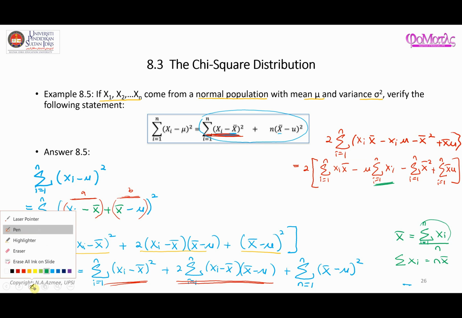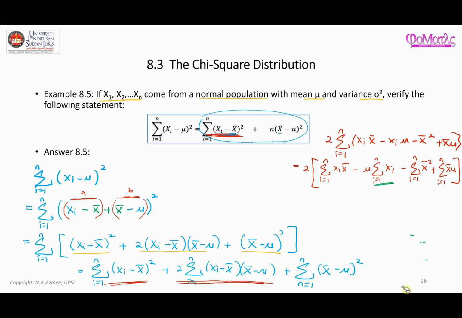Right, so I'm just going to write down that part. Here it's equal to 2. X bar is a constant, we can take it out. The summation of xi, i equals 1, minus mu. Again, I've already explained this to you just now. This is equal to n x bar.